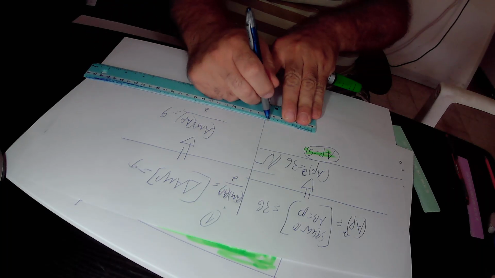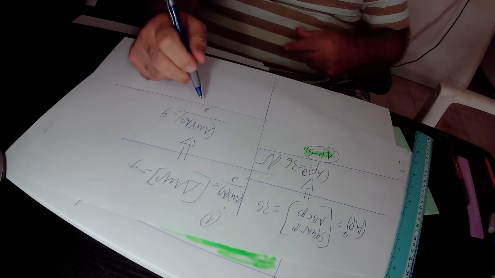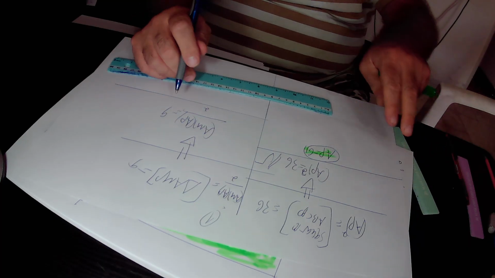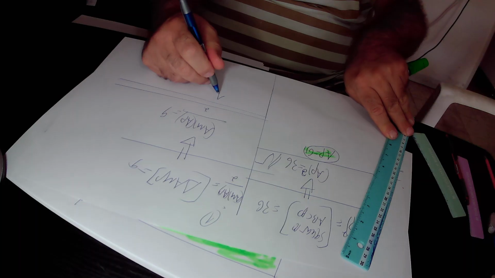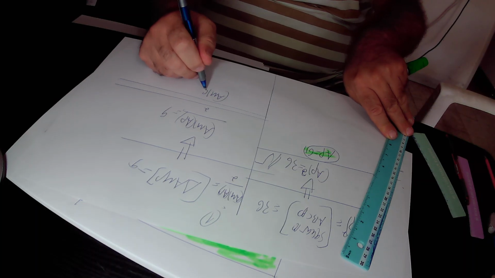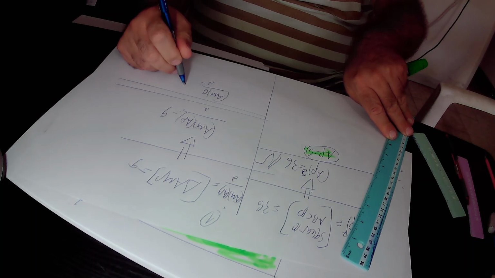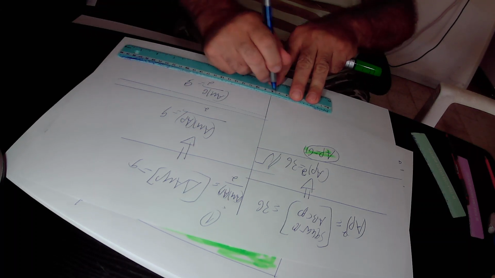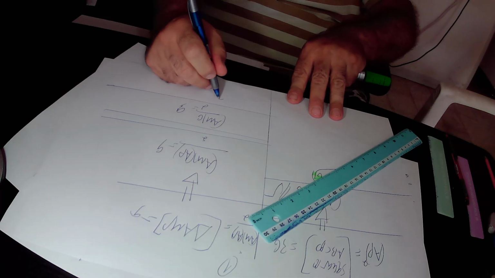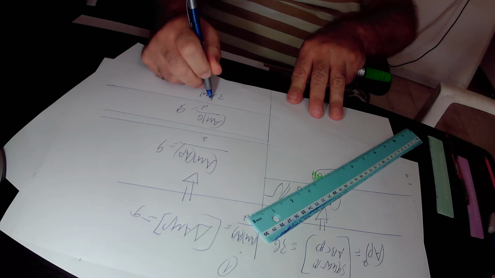We found out that AP equals 6, so we substitute AP by 6. We get that AM times 6 over 2 equals 9. 6 over 2 is 3, so we have 3 AM equals 9.